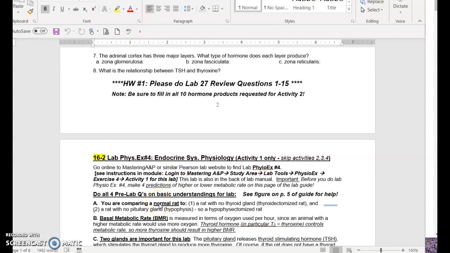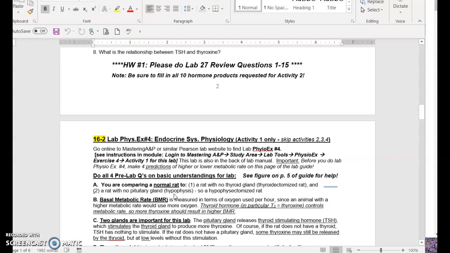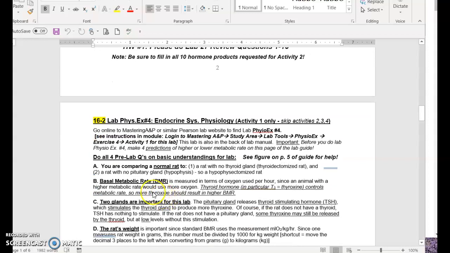And there's a lot of questions to do as you go along, but it's fairly straightforward, but very helpful for learning about the thyroid gland, but also the interaction between the various hormones, the tropic hormones of the adrenal gland affecting the thyroid and causing the thyroid to release T3 and T4.